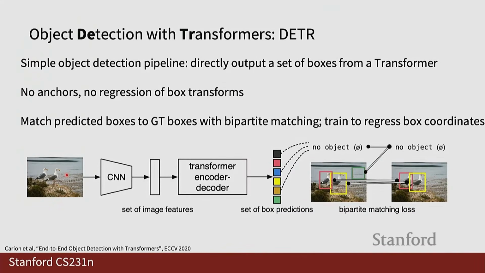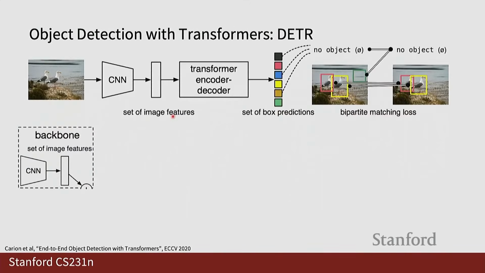This is actually another very old paper, 2020, almost 5 years ago, although it's now kind of deprecated. Nobody uses this for real applications, but it's a very good example of how to use transformers for object detection.